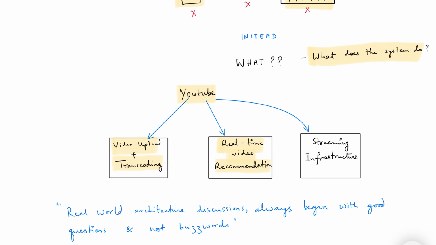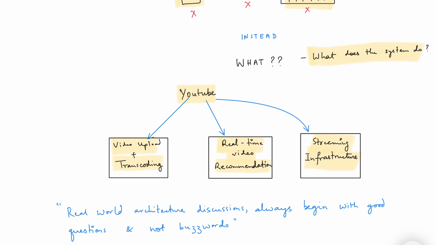And another thing that might be possible in this scenario is a streaming infrastructure which supports efficient live streaming services. So all these three, and there can be even many more, are systems, subsystems in their own right, and they have very different architecture and approach to solving the problem, as they are completely different use cases.